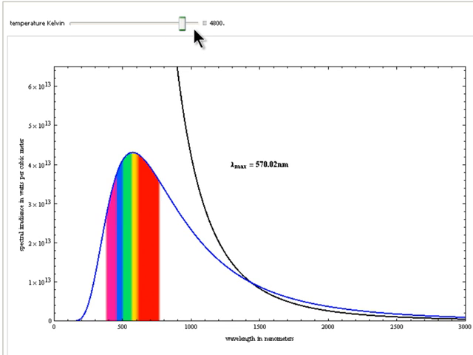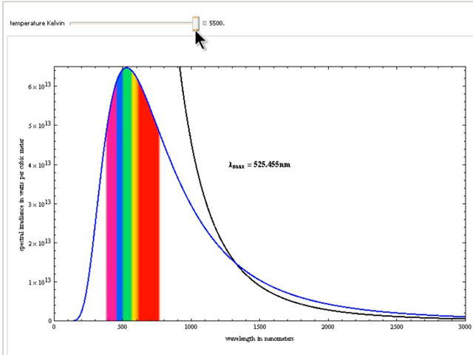That's the main point of this graph: to show that as we increase the temperature, the irradiance, or the power per cubic meter, goes up. Notice here we have the visible spectrum, just here as well.